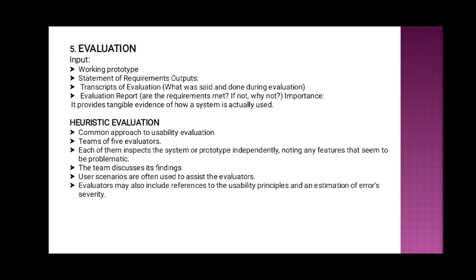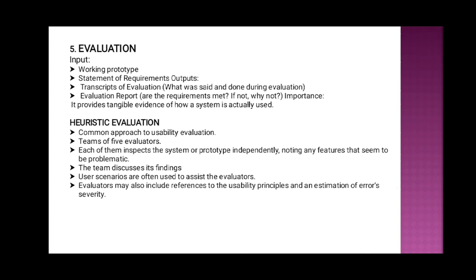Heuristic evaluation is a common approach to usability evaluation, with teams of 5 evaluators. Each of them inspects the system or prototype independently, noting any features that seem to be problematic. The team discusses its findings.